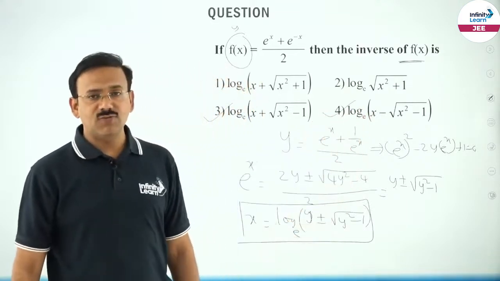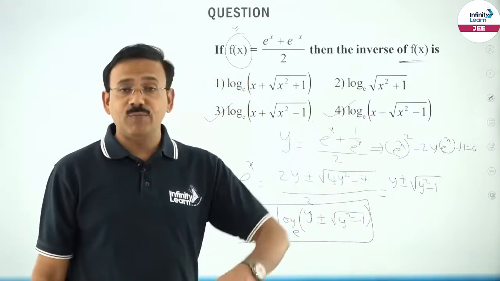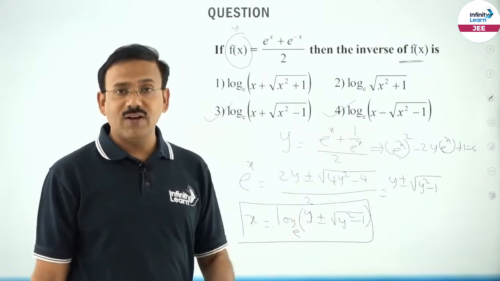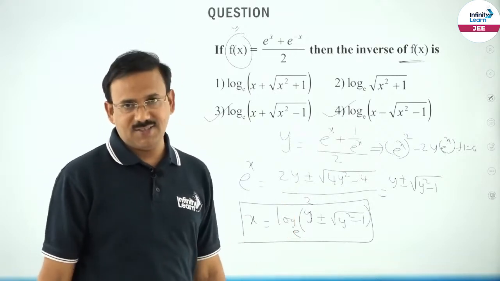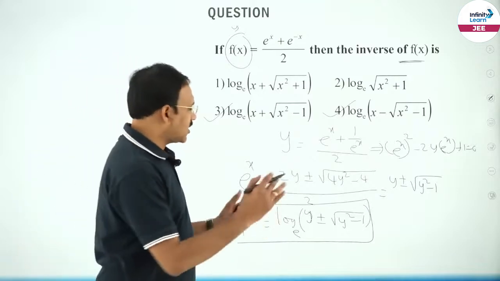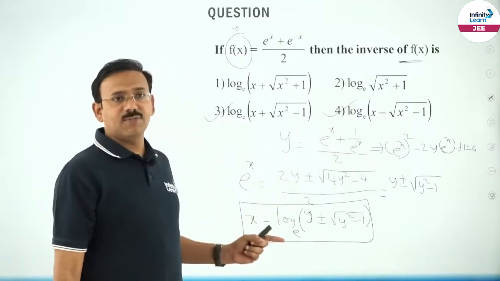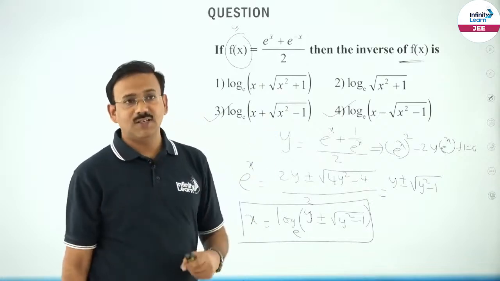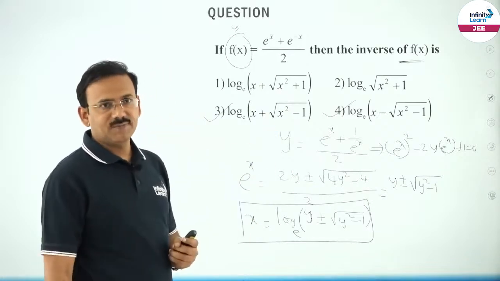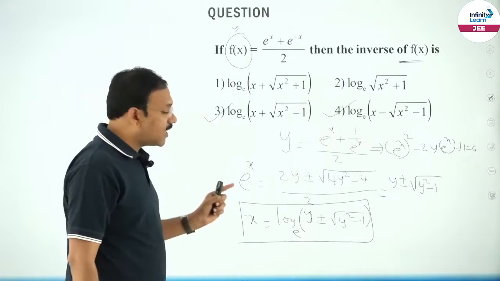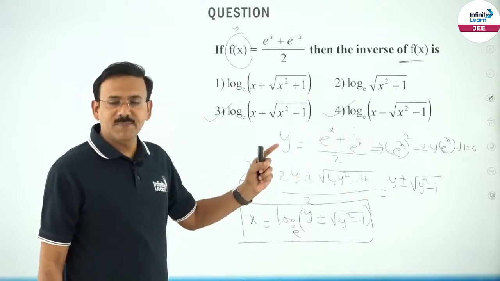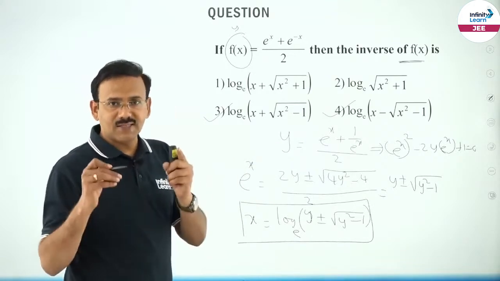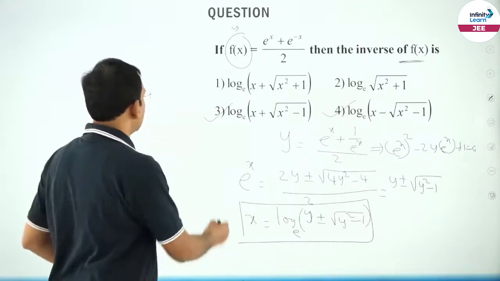Now, what is the situation? Are answers 3 and 4 both correct, or only one of them? Which is correct? Yeah, there strikes the problem. It is a single correct answer type question. That means either 3 is the answer or 4 is the answer. Then how to find? In such a case, when you get two possibilities, my dear friends, to break the tie, you take some testing point.